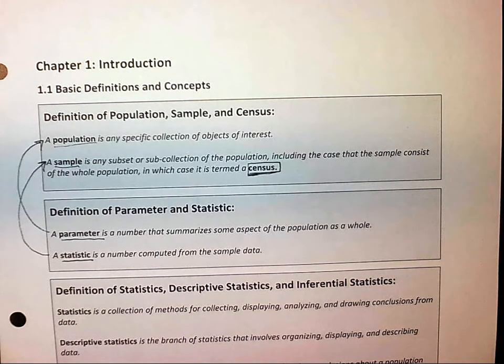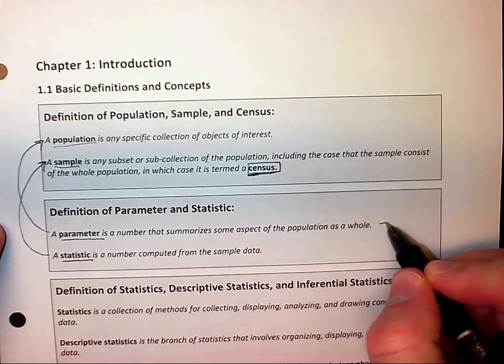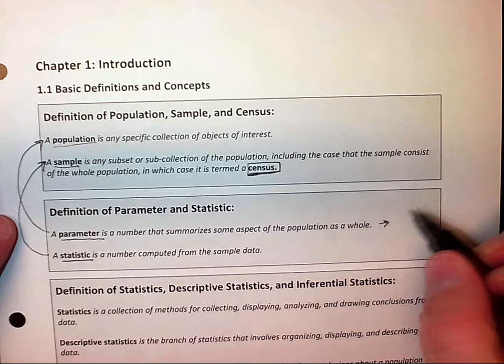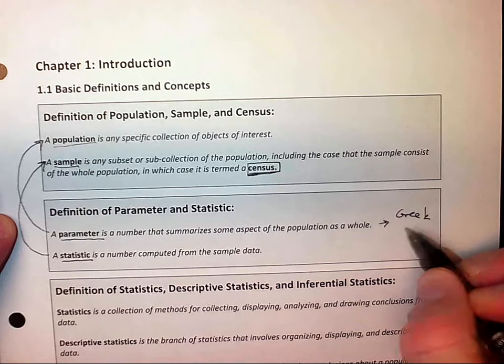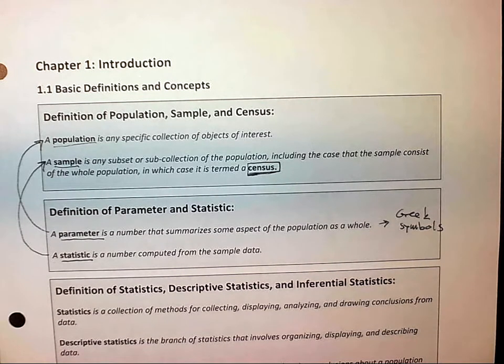Now, there's a couple important things about parameters and statistics. For this semester, especially in this class, parameters are always going to be represented by Greek symbols. So, if you see a Greek symbol, you know that it's a parameter.